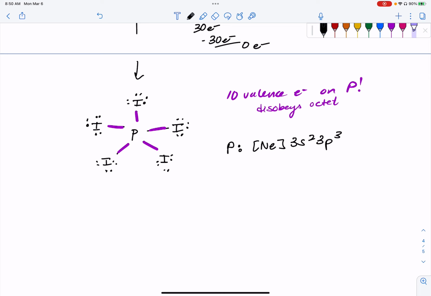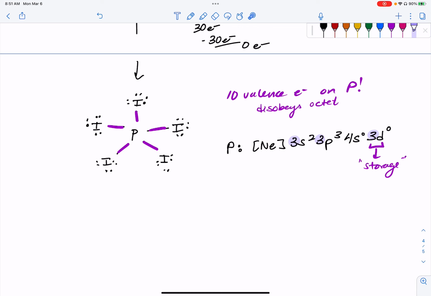And in theory, what I would fill next is my 4s and then my 3d, where 0 is saying I don't have any of these electrons here. And it's specifically this 3d that acts as my storage unit. This is what allows me to have excess electrons around phosphorus if needed.